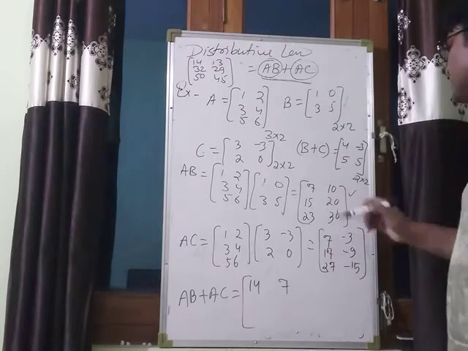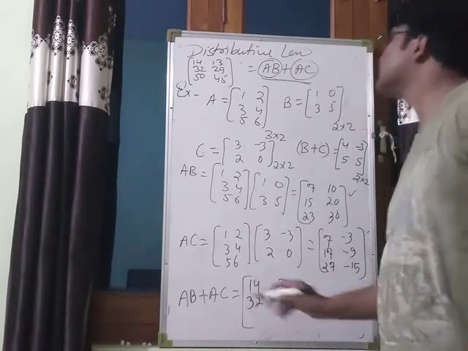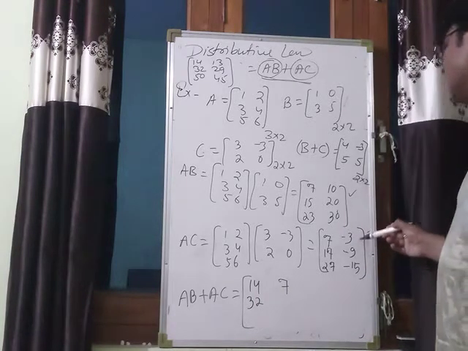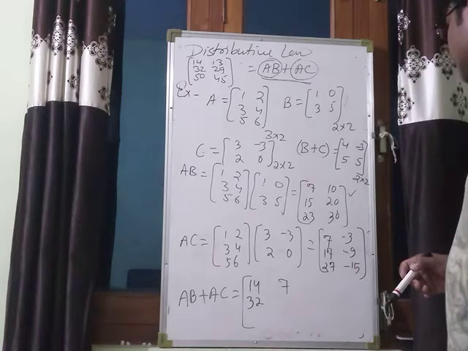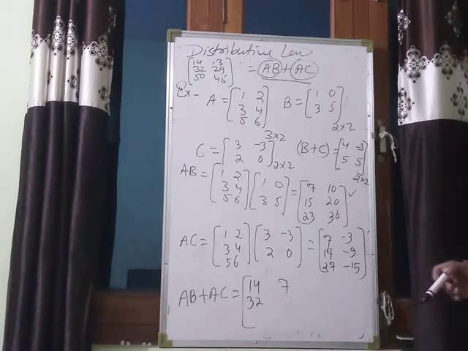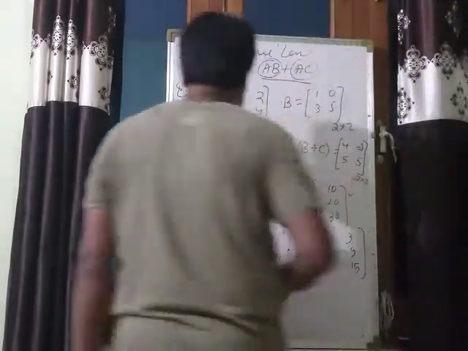And this is 15 plus 17, 32. And after that 20 and minus 9, this is 29. There is something mistake.